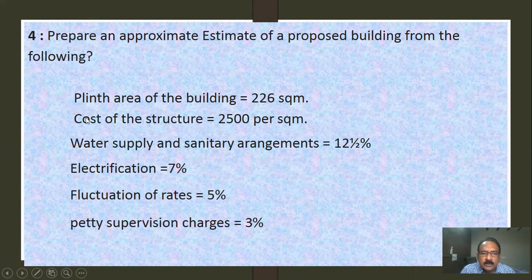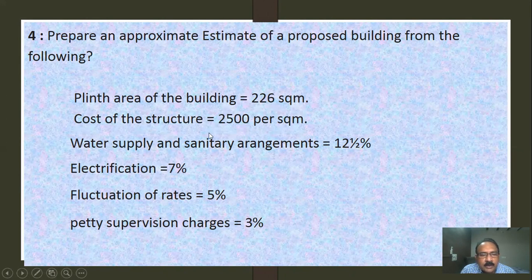So here what has been given? Plinth area of the building 226 square meter and cost of the construction 2,500 per square meter. What is the basic cost of the construction? We will calculate that as our first step. How will we calculate the basic cost? Plinth area multiplied by the cost of the construction, that is 226 multiplied by 2,500.